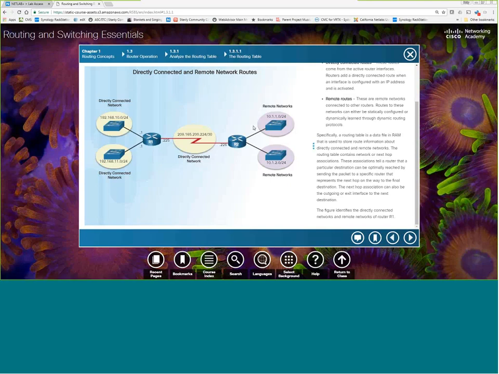But one of the big things is looking at how a router puts its routes into the route table. Remember we talked last week about administrative distance and metric, and how a metric is how you determine the best route within a routing protocol. If you were running RIP or EIGRP on this network, you would use the metric for RIP, which is hop count, to find the best path.